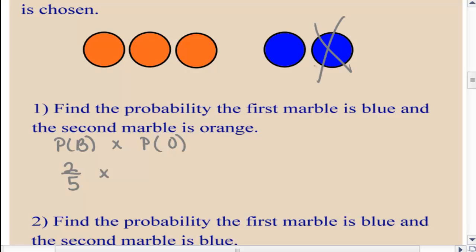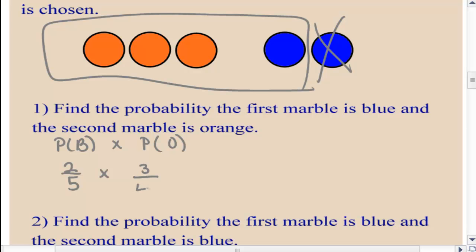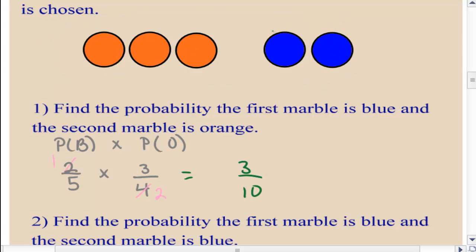So how many orange marbles do we have? 3 still, right? That hasn't been affected. But how many total marbles do we have now? We just have 4. So the total number of marbles has changed. I'm going to cross cancel. And what do we get for our total probability? 3/10.